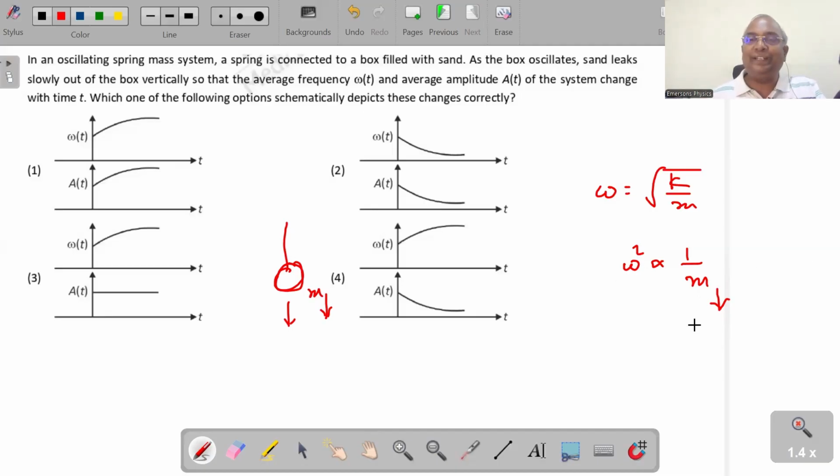Okay, mass குறைஞ்சா inversely. அப்போ இது ரைட்டு, இது ரைட்டு, அப்போ இது தப்பு, இது ரைட்டு.